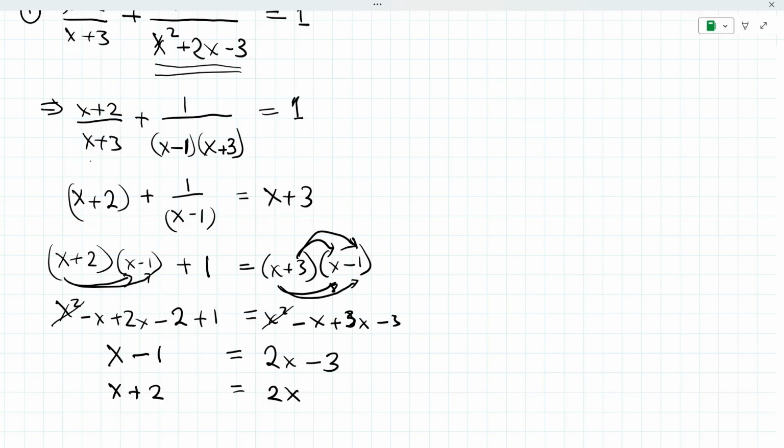So after we've added that 3 on both sides, we now have to subtract x from both sides. x minus x will vanish, leaving 2 on the left, and 2x minus x will be x. Sorry, this will leave us with x equal to 2, and that will be our final answer.